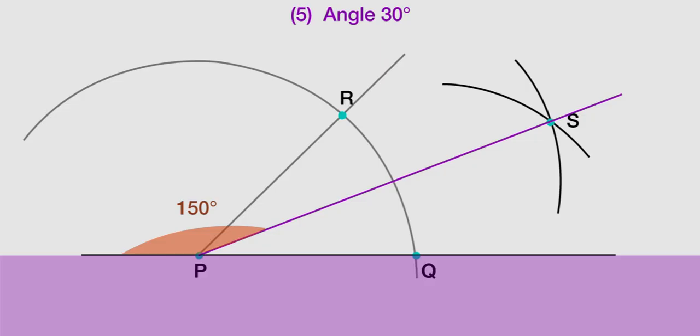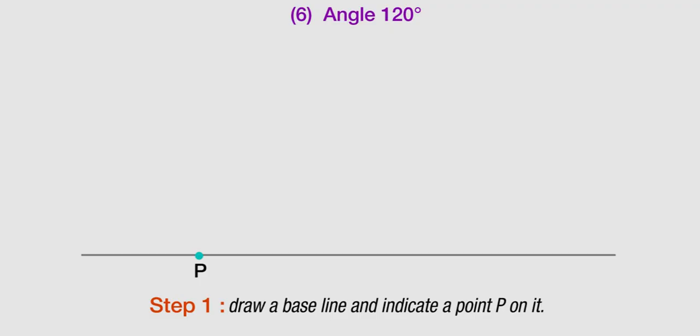Good. Now let's see how we can construct 120 degrees. Step 1. Draw a baseline and indicate the point where you want your angle to be. In this case, we have P. Step 2.